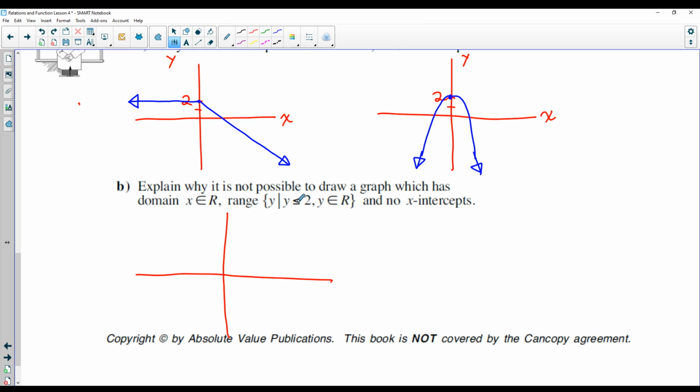My y values need to be less than or equal to positive 2. All y values that are less than this. So here's the issue.